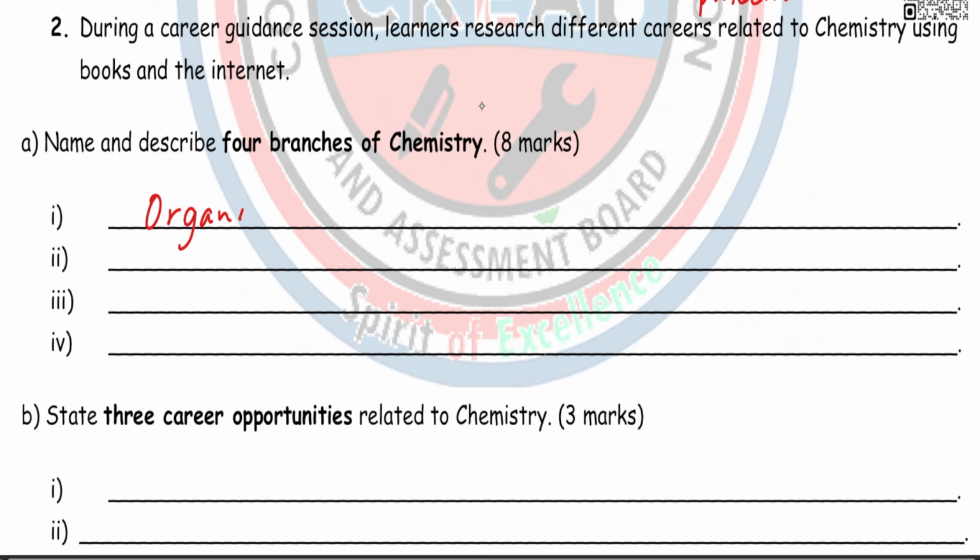Organic chemistry deals with organic compounds, that is anything relating to carbon. So it studies carbon compounds, especially the hydrocarbons, the alkanes, the alkenes. So anything to do with carbon is under the branch of organic chemistry. So it studies carbon compounds. Okay.